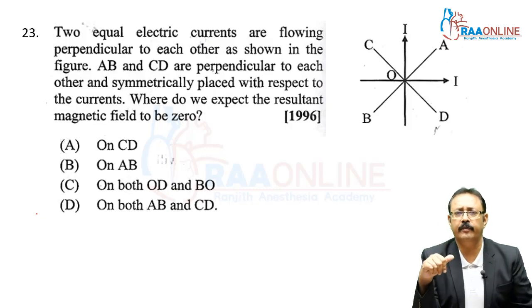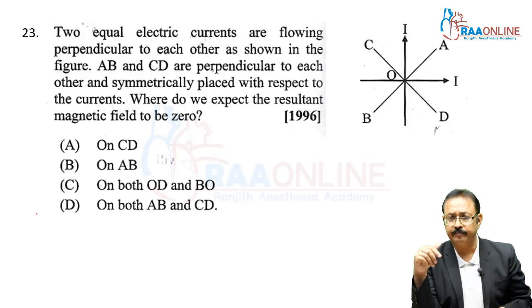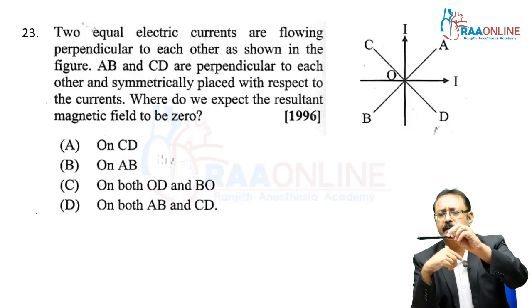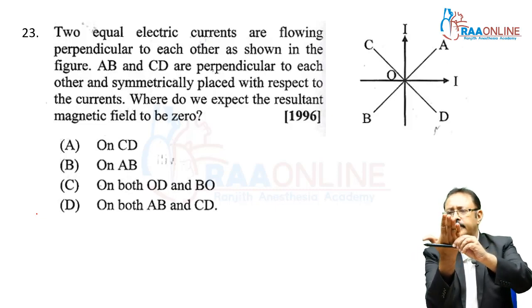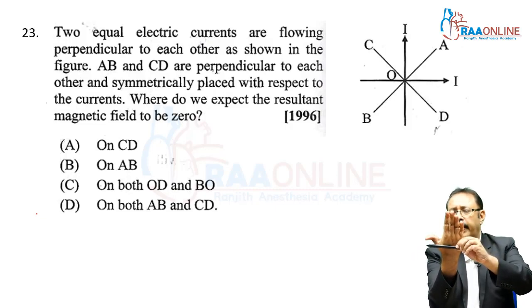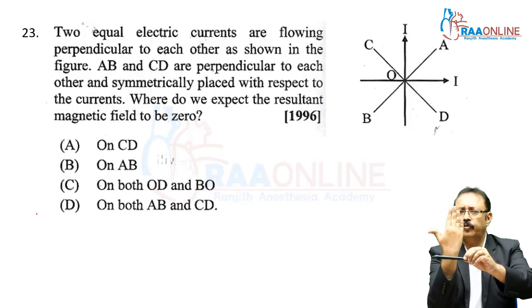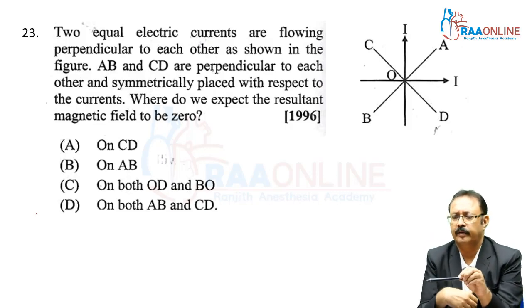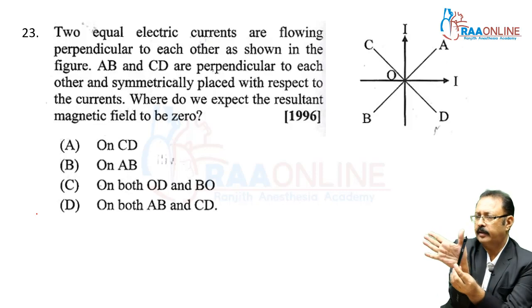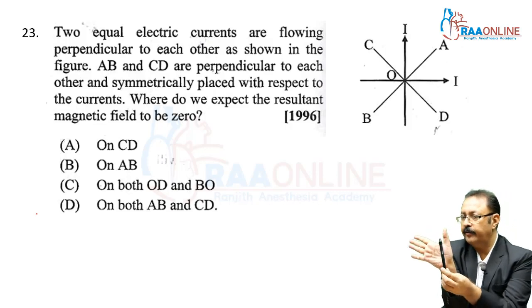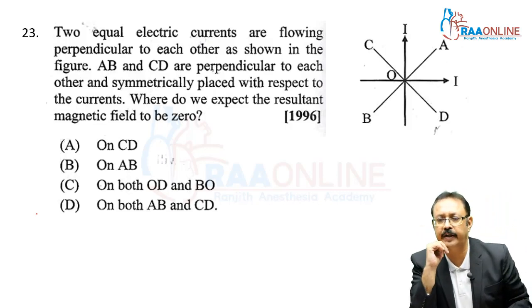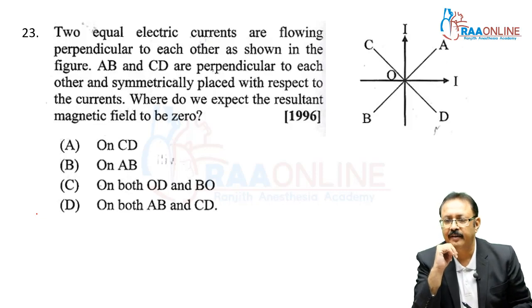See on AB, what is happening there? Due to this current direction, the magnetic field is outward from the page. But due to that, it is inward. Magnetic fields are in opposite directions. But on CD, you can check it will be in the same direction.